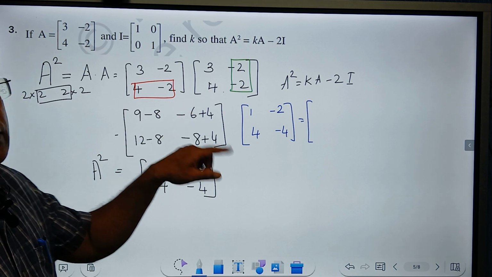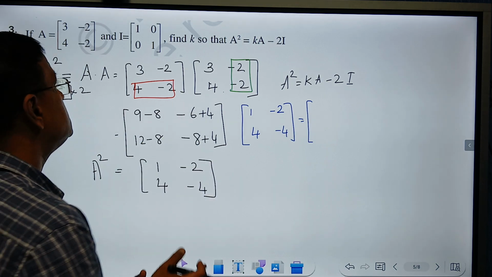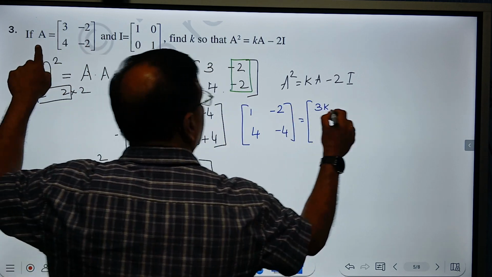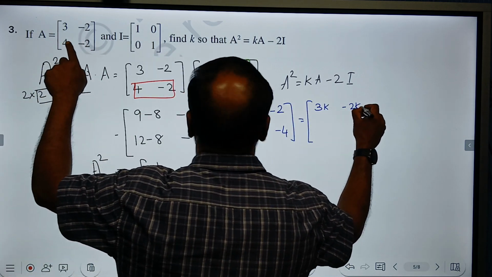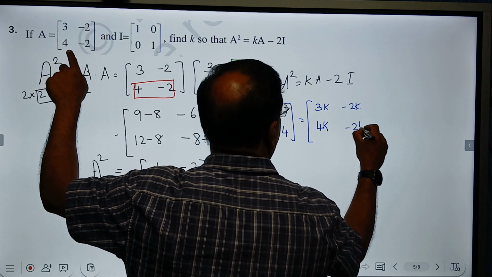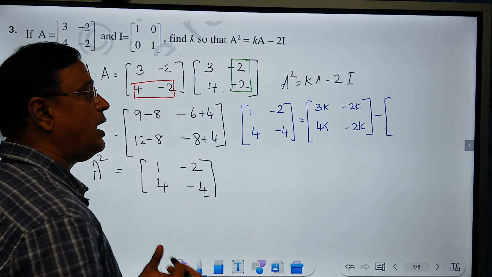When a scalar is multiplied to a matrix, the scalar gets multiplied to all the elements in the matrix. So what do you get? 3K, minus 2K, 4K, minus 2K, minus, now what is 2I?